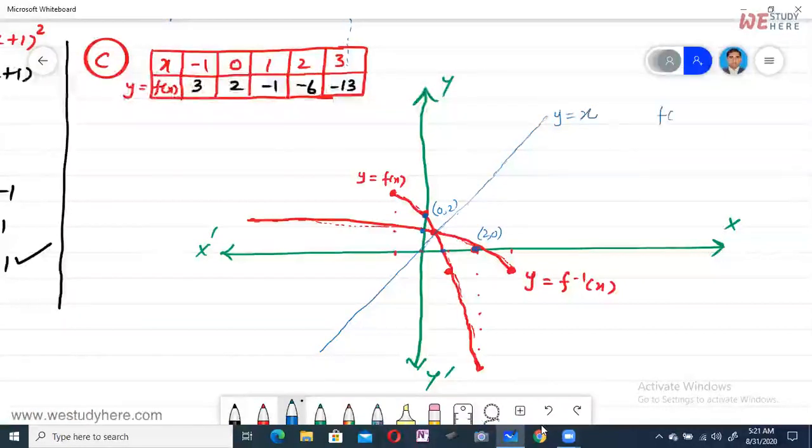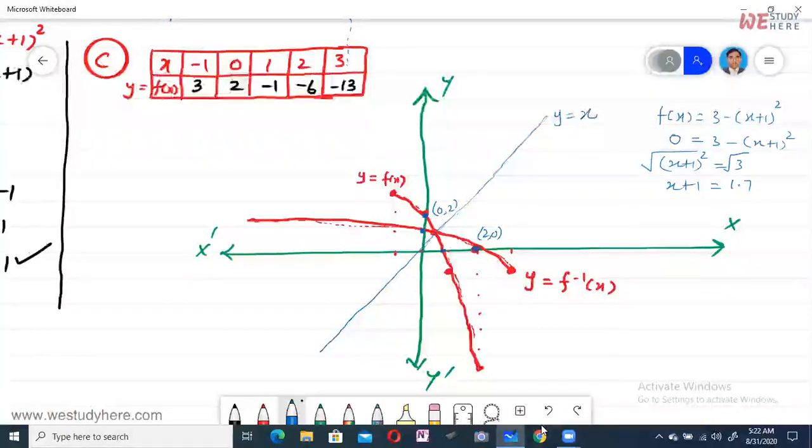As f of x is equal to 3 minus (x plus 1) whole square, we can find the value of x by substituting f of x as 0. F of x is 0, 3 minus (x plus 1) whole square. (x plus 1) whole square, other side will be positive 3 as it is. Then we will take square root on both sides. Square root cancels. Here x plus 1 is square root of 3, that will be 1.7 something.